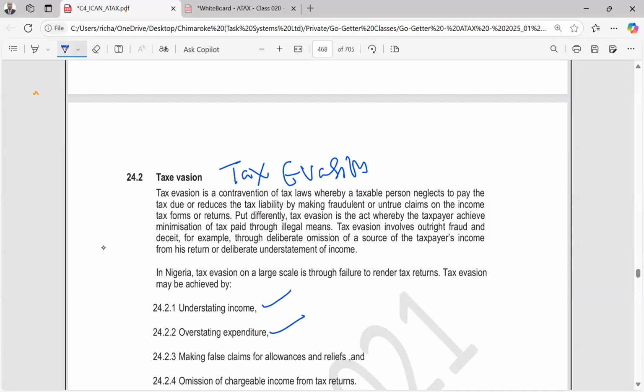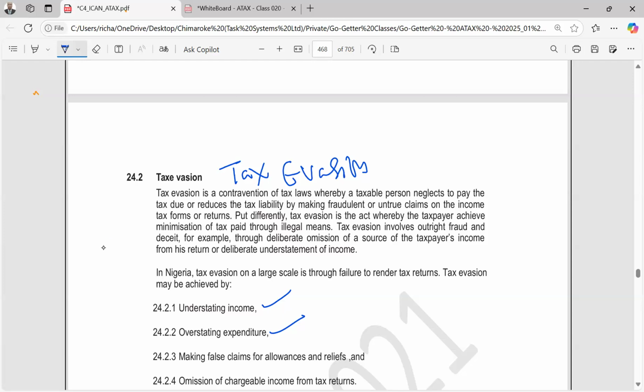Some people prefer to book all these Uber, Bolt that have verifiable receipts so that they do not overstate their expenditure. But sometimes there are other things that could be hidden where you can overstate your expenditure.